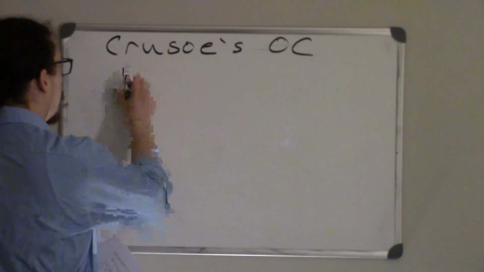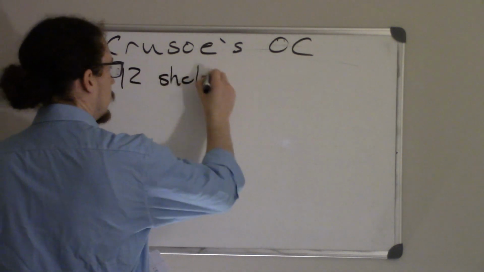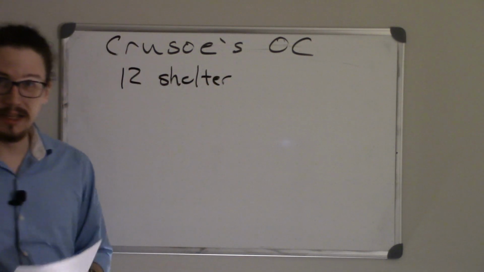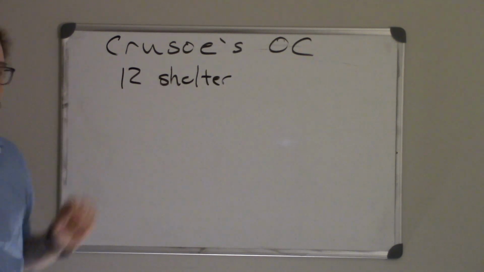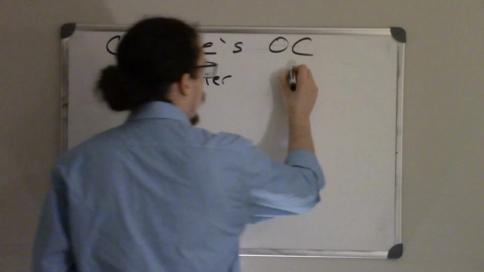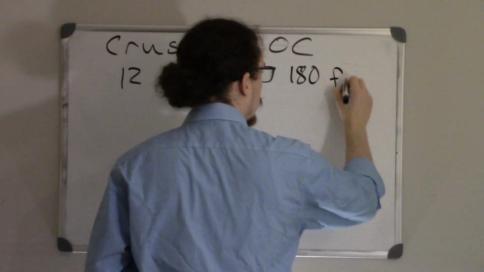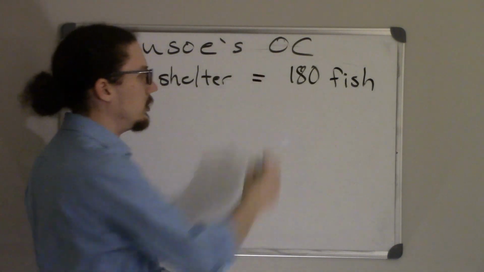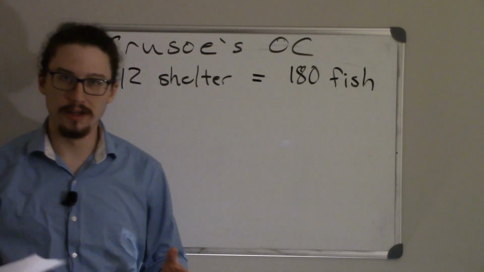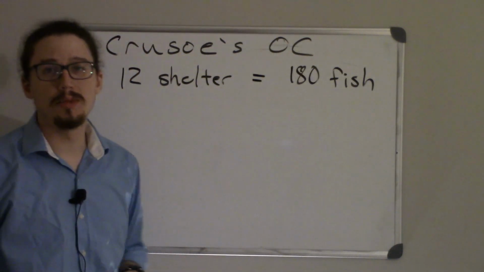So for Robinson Crusoe, 60 units of labor is equivalent to 12 shelter. It's also equivalent to 180 fish.